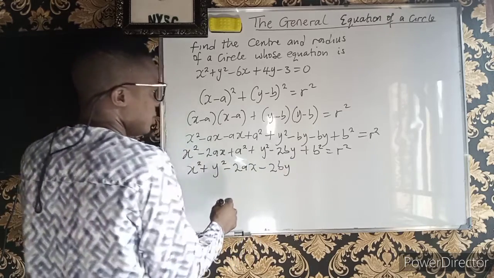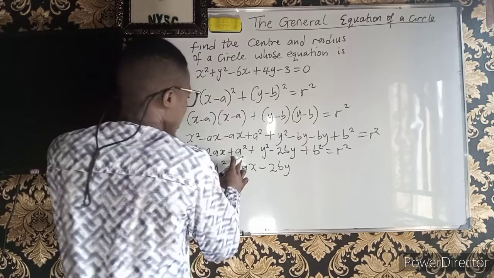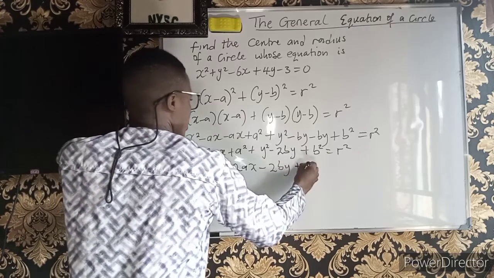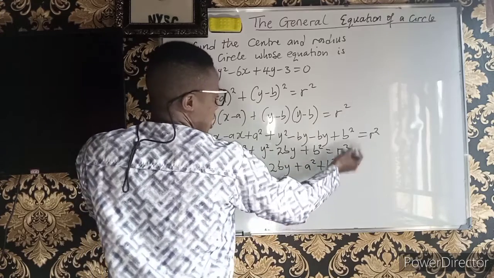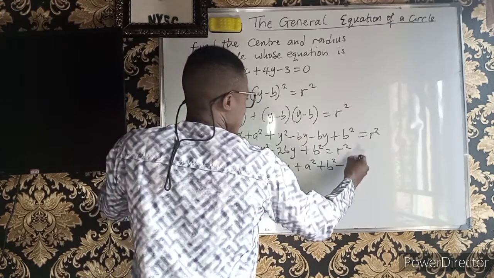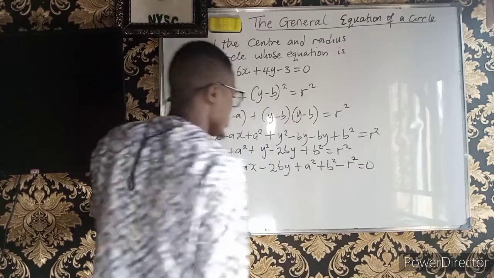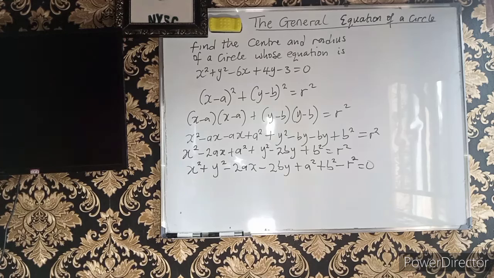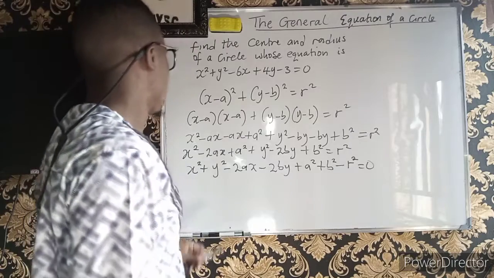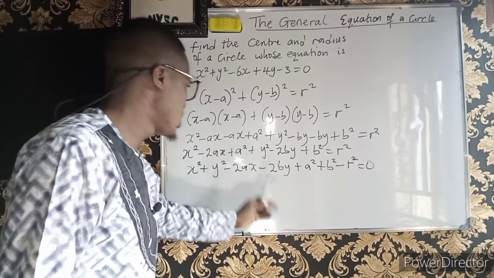Then let's get the constant terms without the letters x and y in them. So we have plus a² plus b². r² crossing here becomes −r², everything equal to 0. Now this is the general equation of a circle.